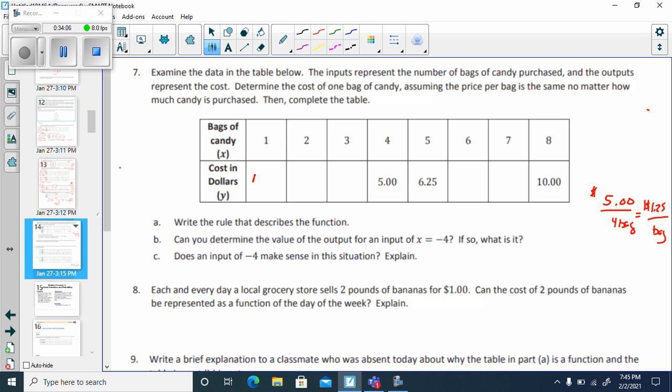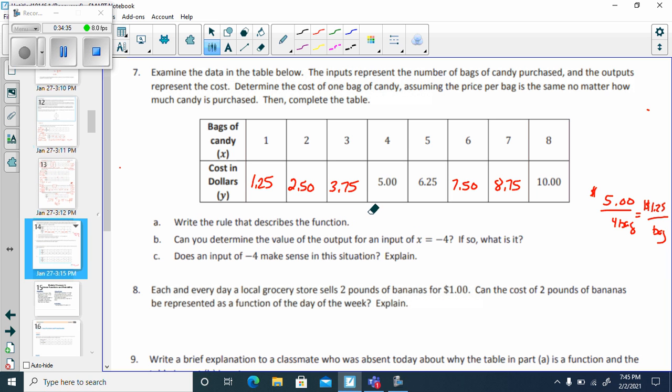So 1 bag would cost me $1.25. 2 bags, $2.50. You multiply $1.25 by 2. 3 bags, add another $1.25, and it's $3.75. Here's 4 bags and 5 bags. 6 bags, let's see, another $1.25 is $7.50. 7 bags, add another $1.25, you're at $8.75.